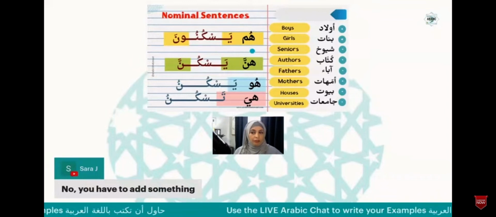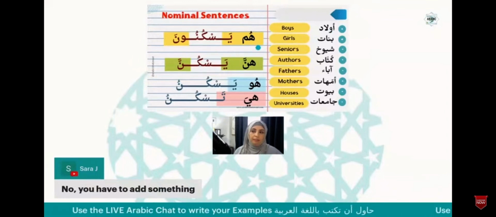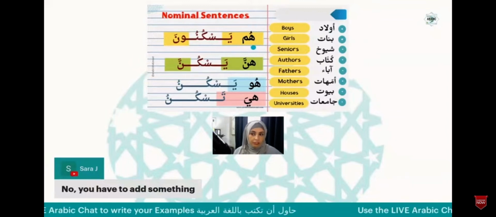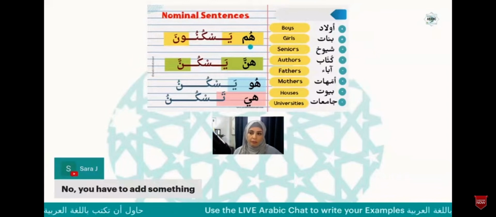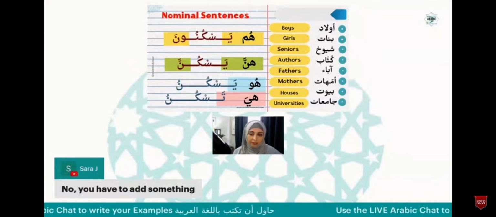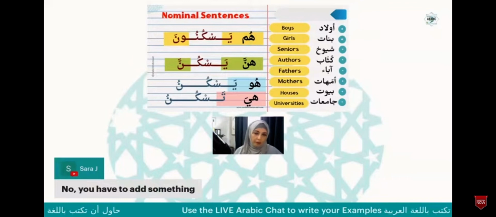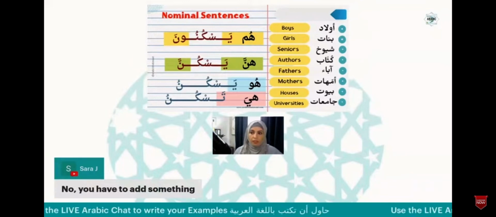If I'm putting the noun, it has to be definite with alif lam. If I'm not putting the noun and I'm putting just the pronoun, put the pronoun as it is. Do not add alif lam to it. And those are very common mistakes that could possibly happen if you are learning Arabic for the first time. You might put alif lam on pronouns. Sometimes it happens. Students do that and it's normal.